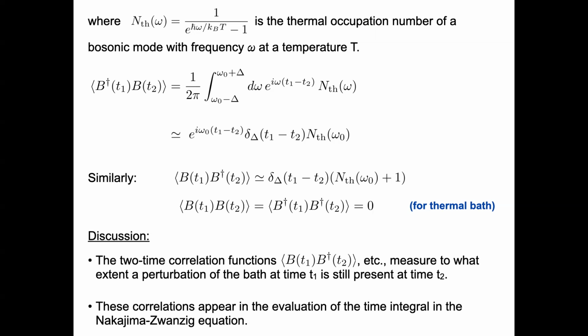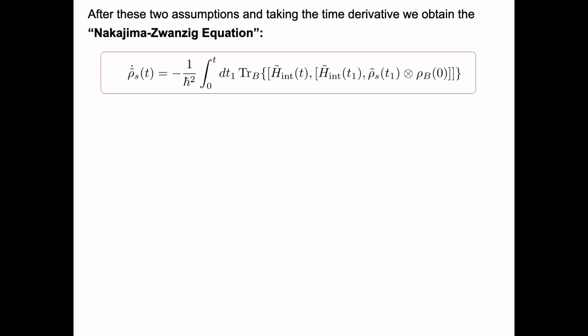This is of course a general evaluation of these correlation functions, and the reason we evaluate them is because they naturally appear when we calculate this trace of the double commutator.